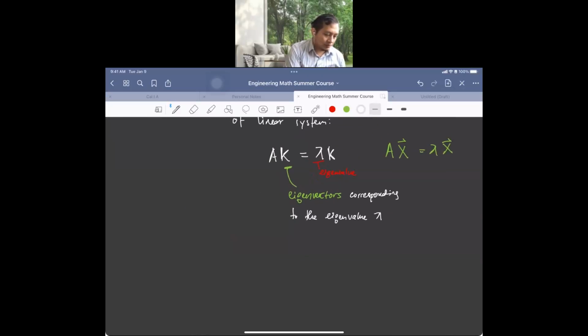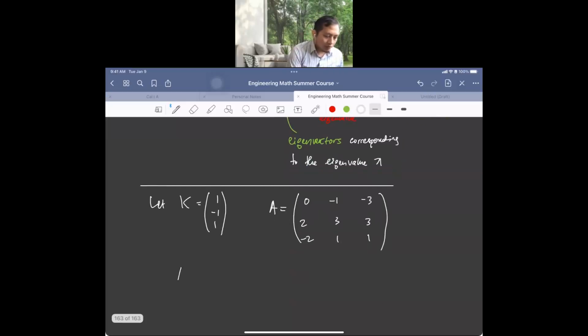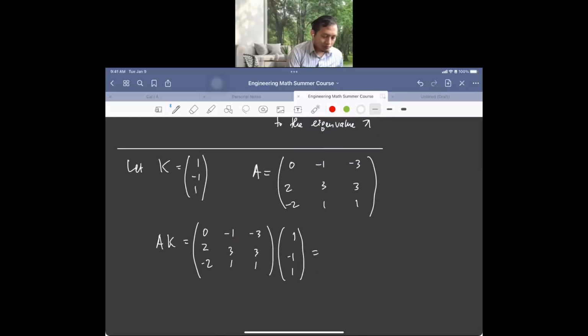Okay, let me give you some examples first. First is verify. So let k, the vector, be 1, negative 1, 1, and we have a 3 by 3 matrix. Let's say we multiply this A and k, both matrices together. Can we multiply?